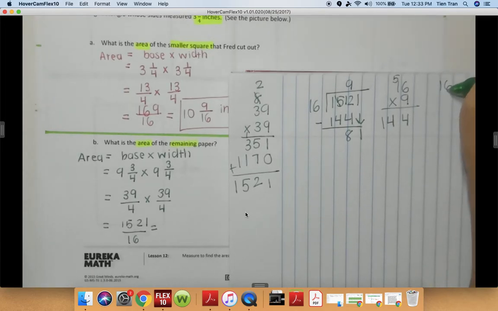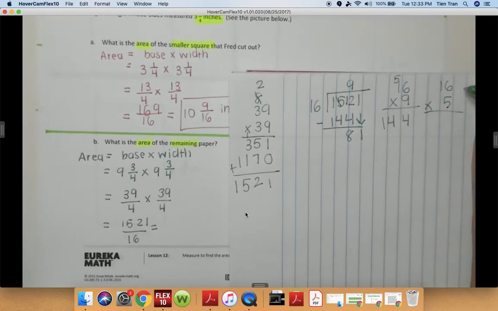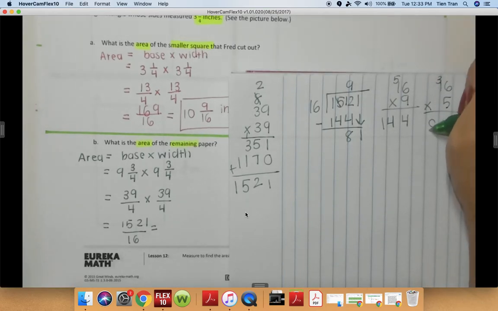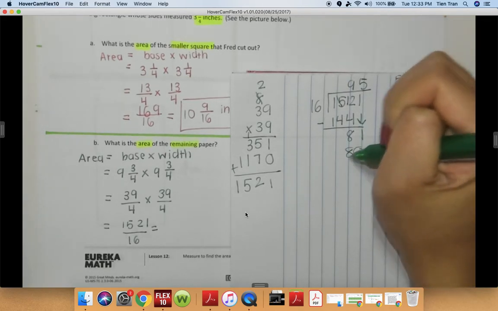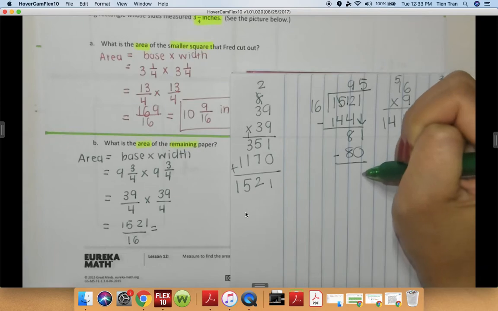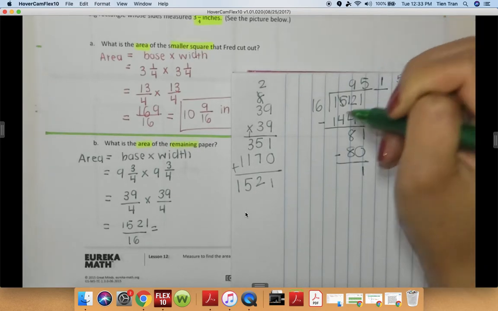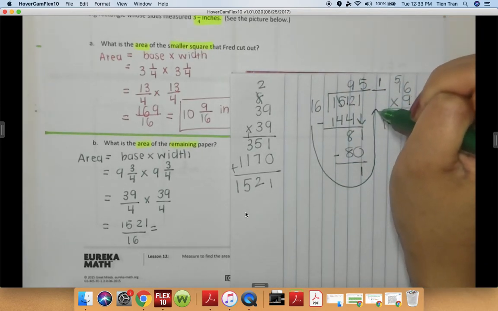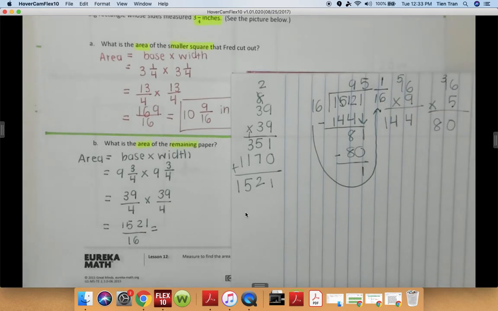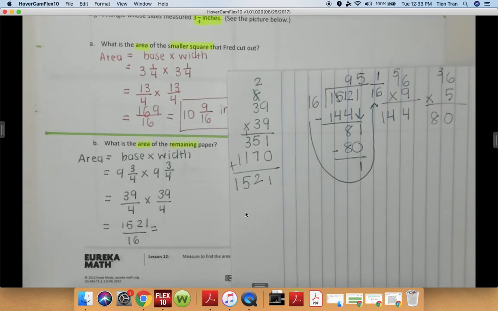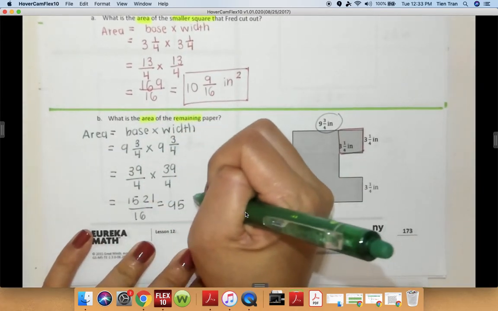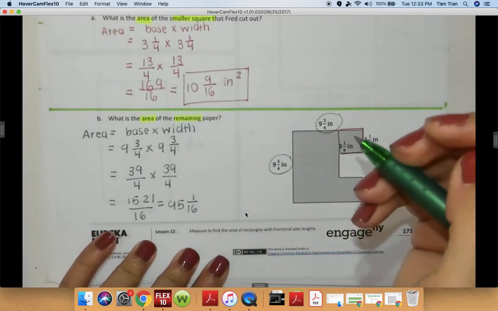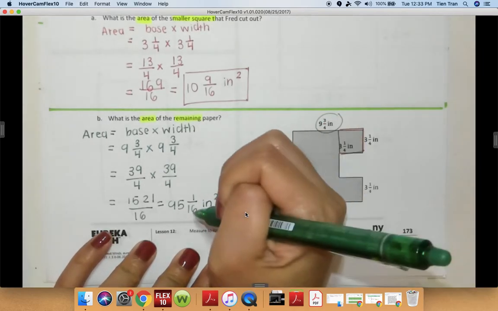And I'm going to try 5. 6 times 5 is 30, and 5 times 1 is 5, plus 3 is 8, so 80. So I'm going to use 5. I subtract. 81 minus 80 is equal to 1, so my remainder is 1, and my denominator is 16. So my final answer is 95 and 1/16. 95 and 1/16 inches squared.